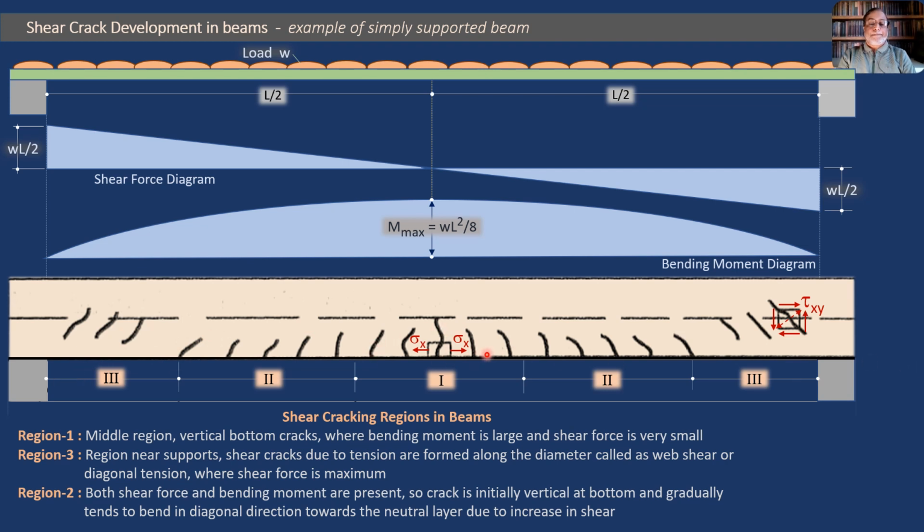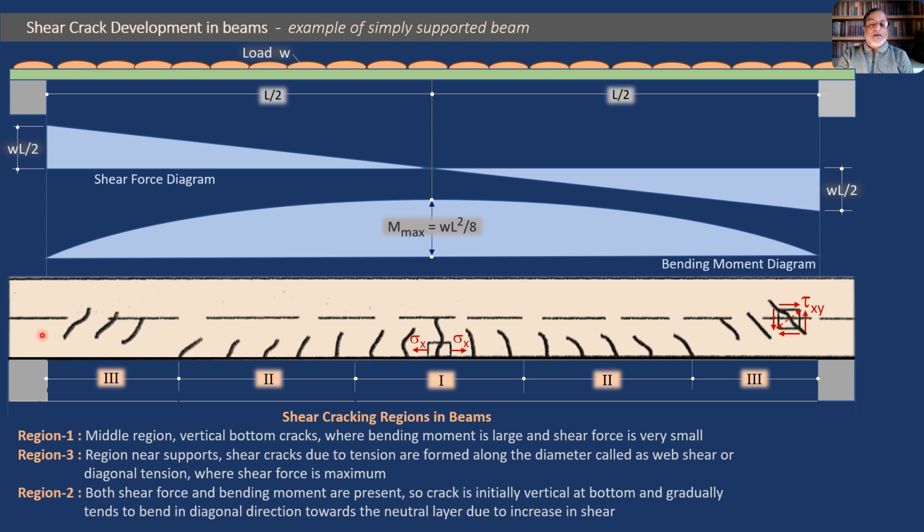We see that these lines appear to be zigzag or random, but they are very carefully drawn. They indicate the cracks. So when the beam is overloaded and on the verge of collapse due to shear, what will happen to the beam? That we have to see.